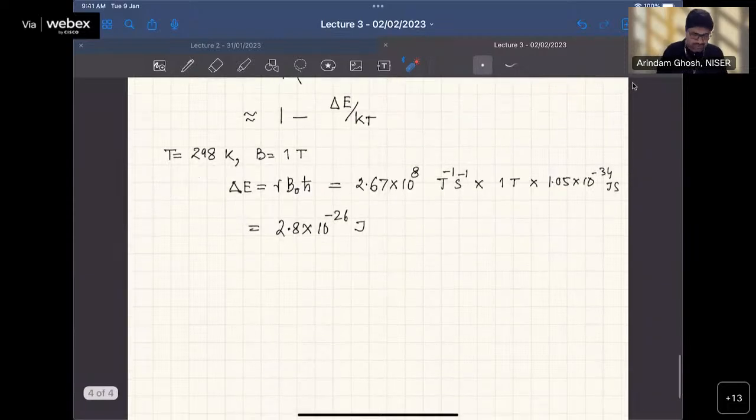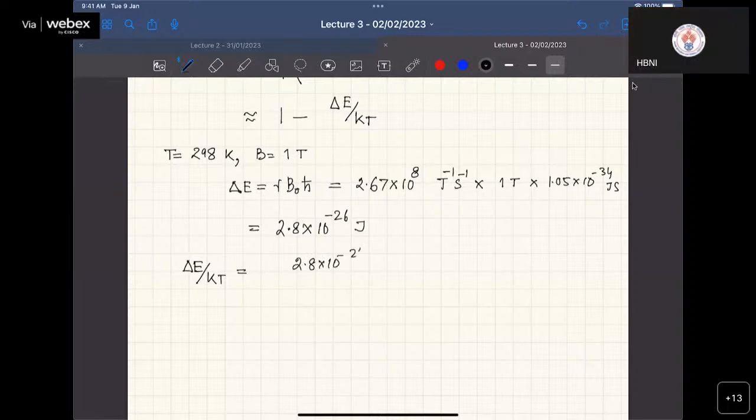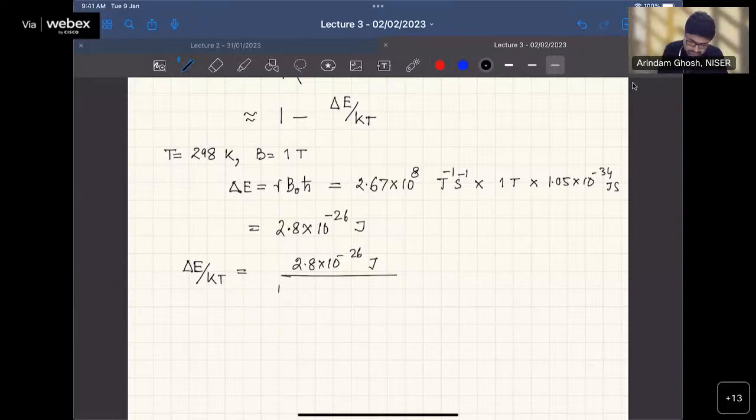Now let's see how much is delta E by kT. This is going to be 2.8 times 10 to the power minus 26 joule, divided by kT, where k is 1.38 times 10 to the power minus 23 joule per Kelvin, and T is 298 Kelvin.